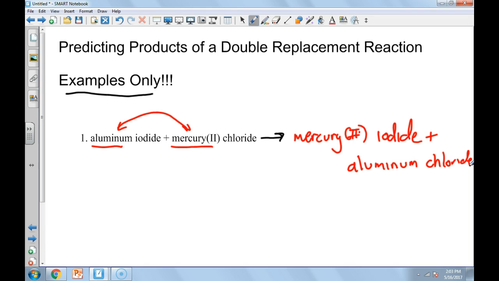That's kind of the easiest thing to do when we're given the names of the reactants. Predict the products, switch the two, because we know that this is an ionic compound and this is an ionic compound, and so these things can do all sorts of good things.